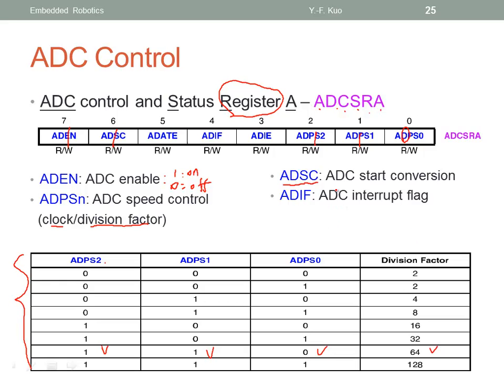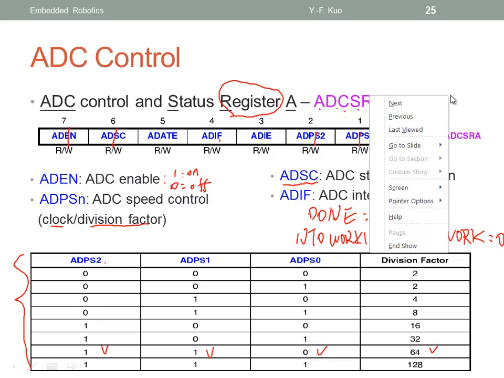If your ADC is done, this bit ADIF will be 1. And if it is still working, then this bit is 0. It is right here.